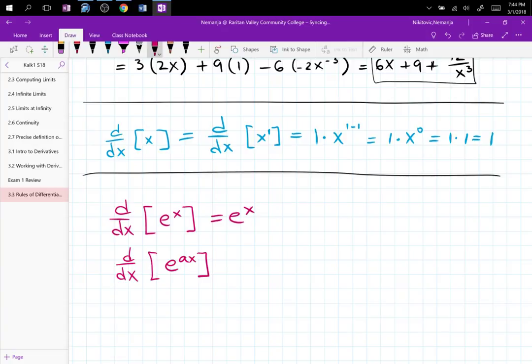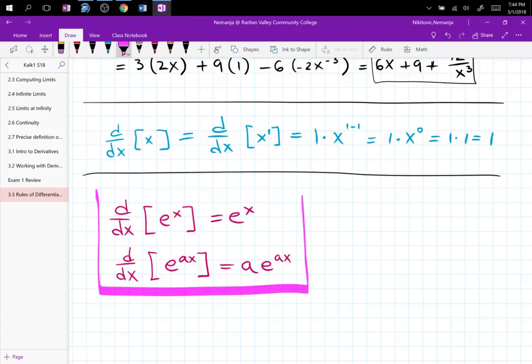e to the ax has a derivative of a times e to the ax. So these are the derivatives of exponential functions with base e. We will deal with the non-e bases later again.